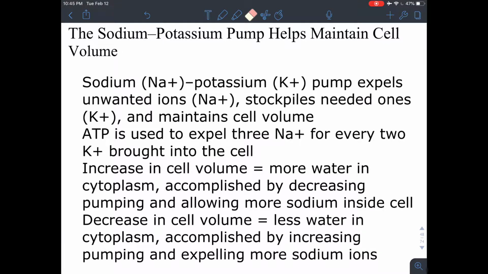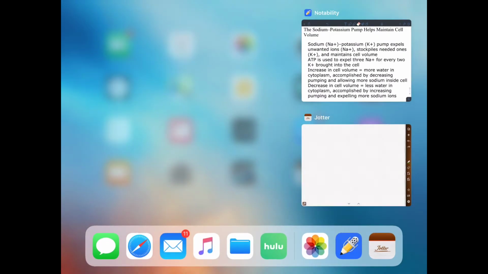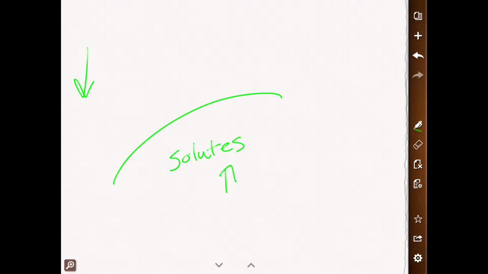So the idea behind the sodium-potassium pump is we talked about how particles move according to concentration gradient, right? And when we were talking about our dialysis tubing example, you would have solutes on the inside in a great concentration, and then on the outside you would have water or plasma or something of that nature.